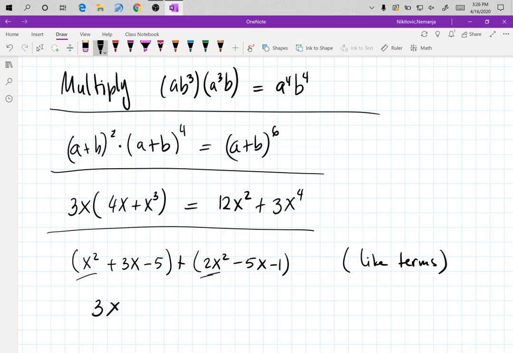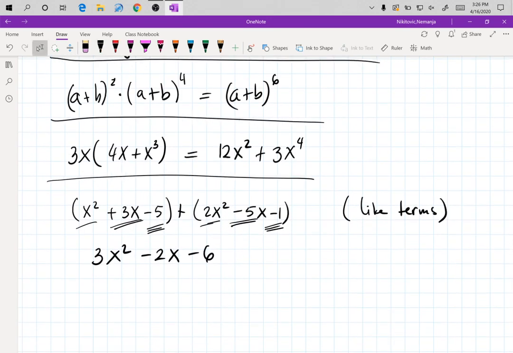That's 3x squared. Then these guys are like terms, underlined twice. That's 3 minus 5 is negative 2x. And finally the constant at the end, negative 5 minus 1 is negative 6. So when we are adding and subtracting polynomials, we make sure to only do that with like terms.